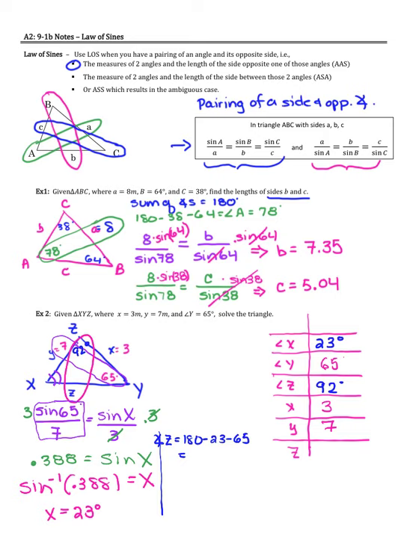All right. Now, however, I'm looking for an unknown side, so this time I'm going to write it as 7 is to the sine of 65 as little z is to the sine of 92. That's going to be the setup.